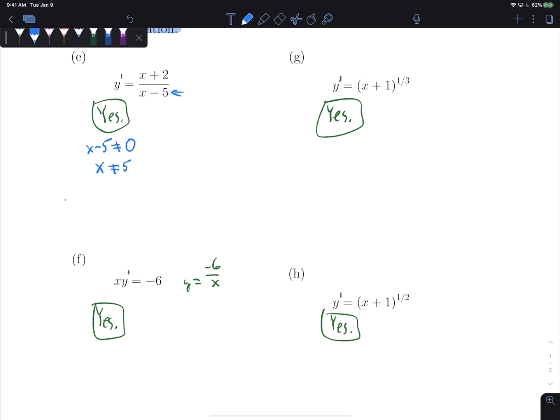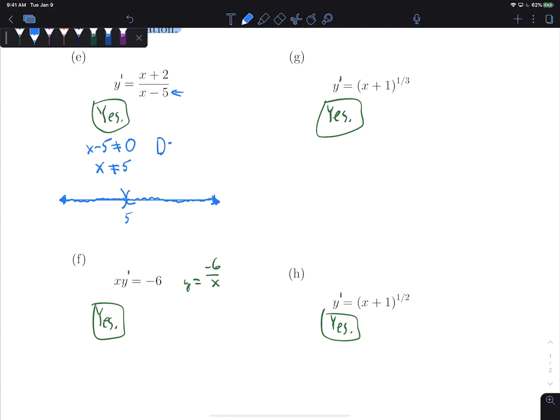Remember, the best thing to do is to write down a number line. That means I can use everything to the left of 5, excluding the 5. I can use everything to the right of 5, excluding the 5 as well. And there you go.